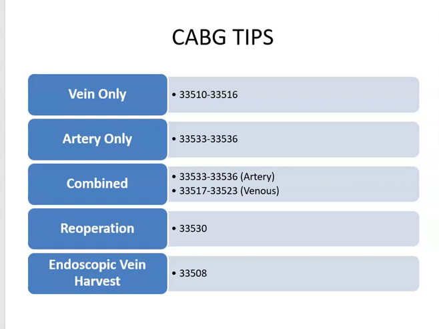Same thing, codes are divided based upon the number of grafts that are used. The subsection note on page 233, third paragraph, states that procurement of the artery for grafting is included in the description of the work and should not be reported separately, except, and there are some exceptions.